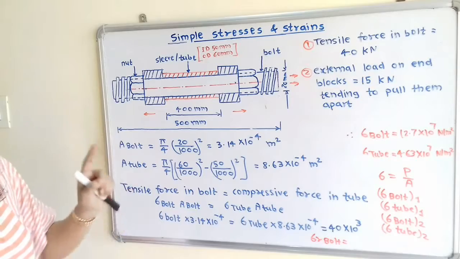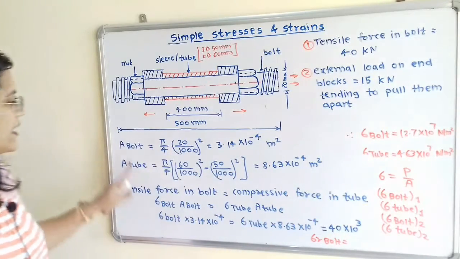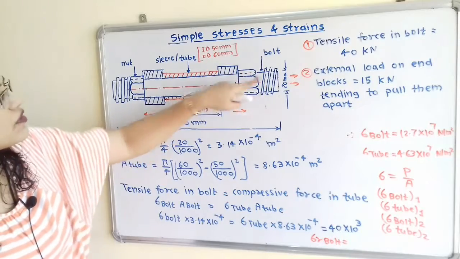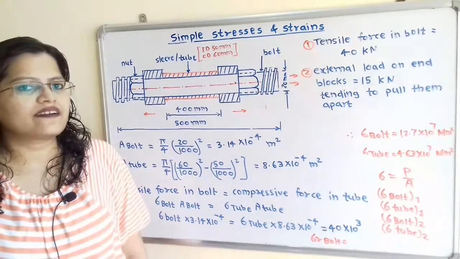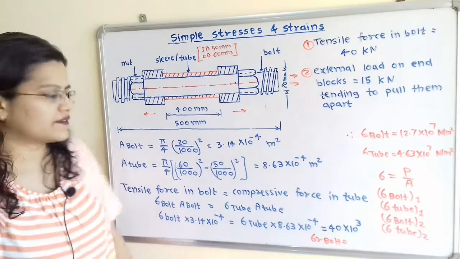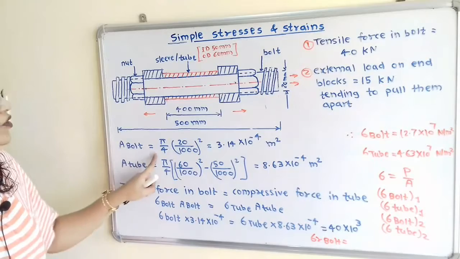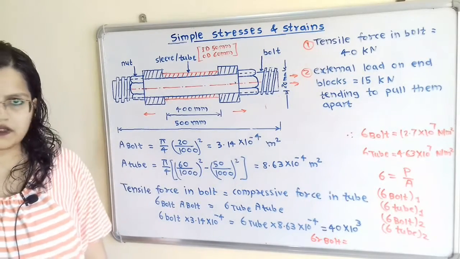So we will first calculate the cross sectional area. So cross sectional area for bolt. If we observe, the bolt diameter is 20 mm. So we have to use standard unit meter, and we have formula pi by 4 d square. So when we use this formula, then we will get 3.14 into 10 raised to minus 4 meters square.